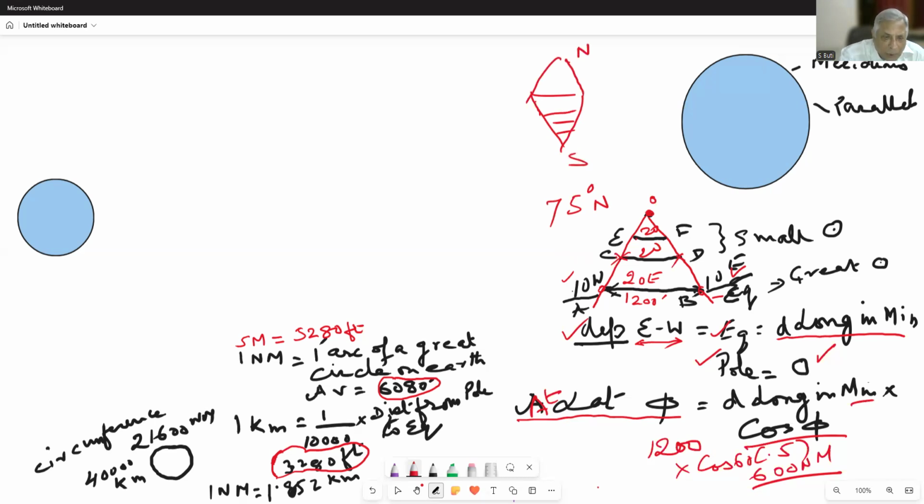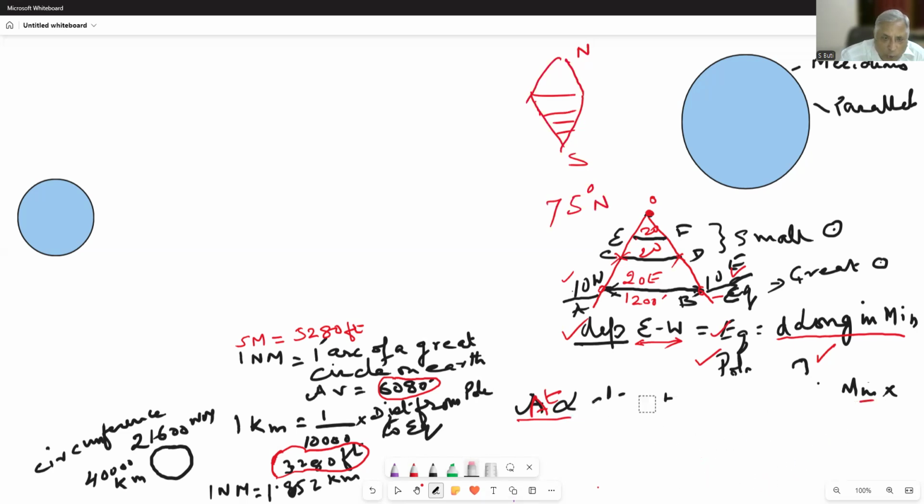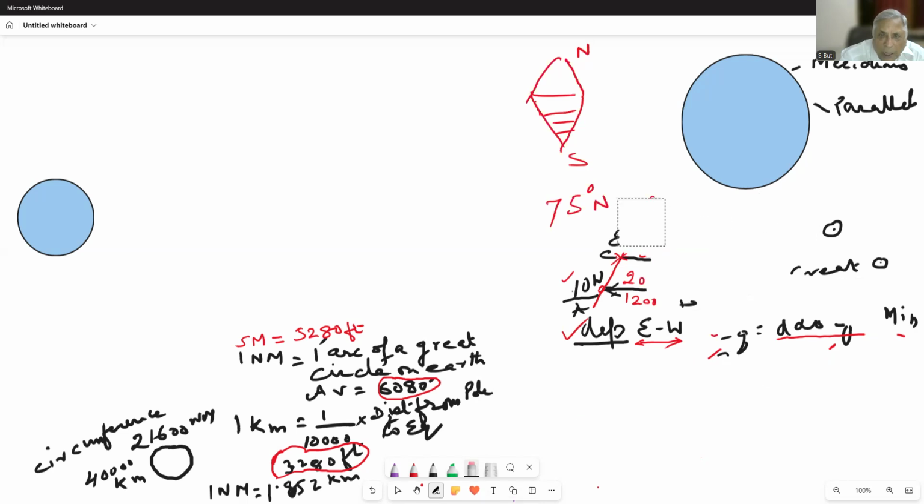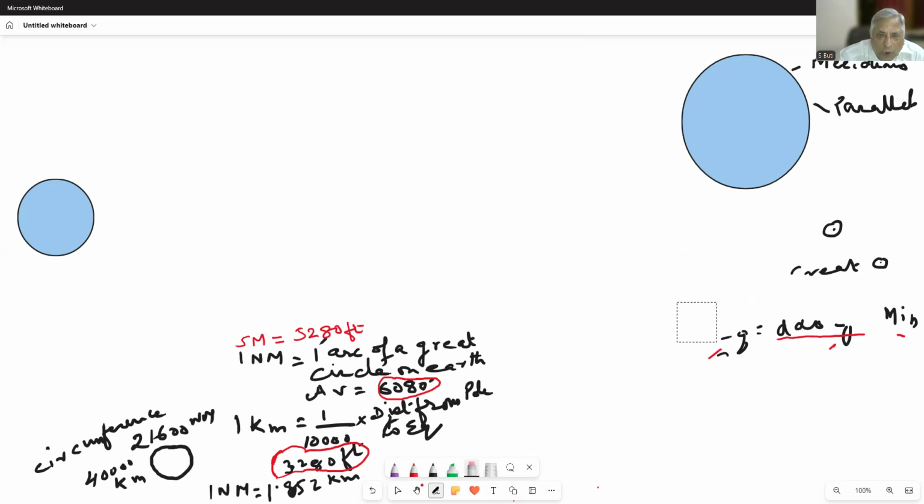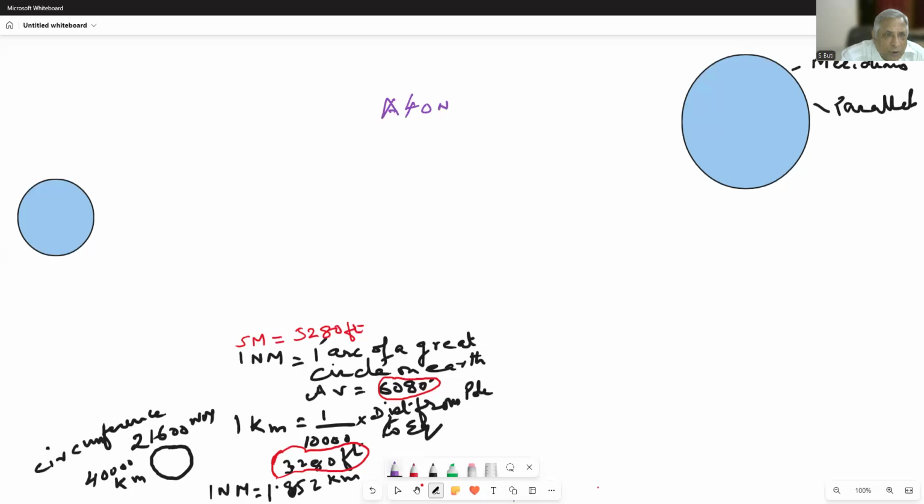Fine. A little bit of practice you would like to do, 1 or 2 today, so that you can now cover these numericals from your other question banks also. One for your practice. Place A is 40 degrees north, 15 degrees 20 minutes east.